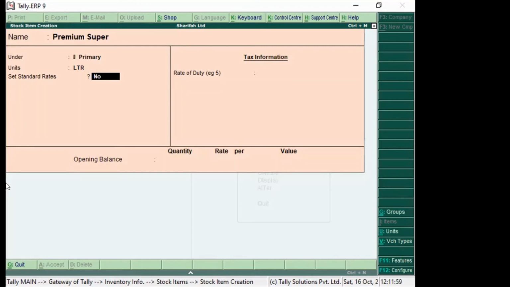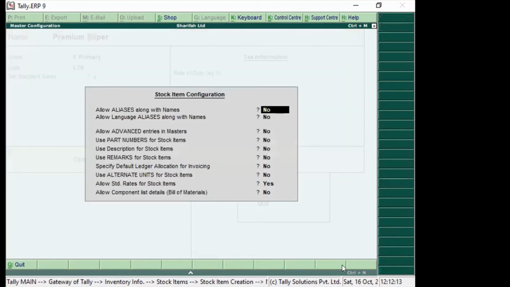When you reach on standard rates, you say yes. If your computer does not have standard rates, you configure, because this one is not always there. You go to configure down there.